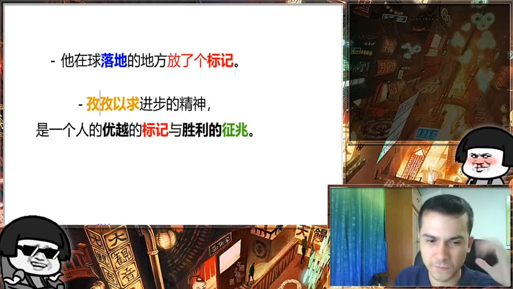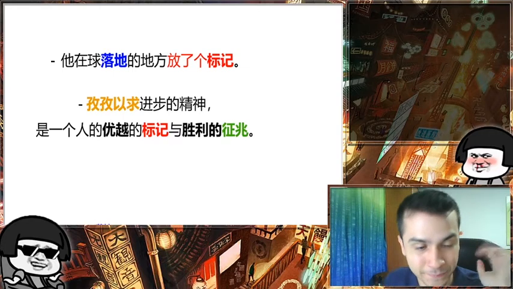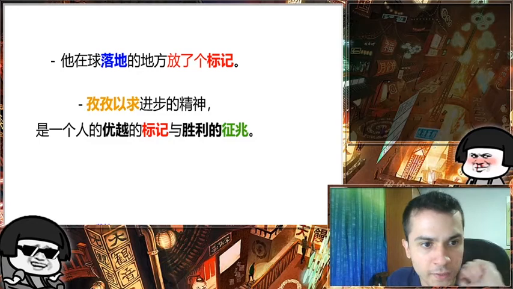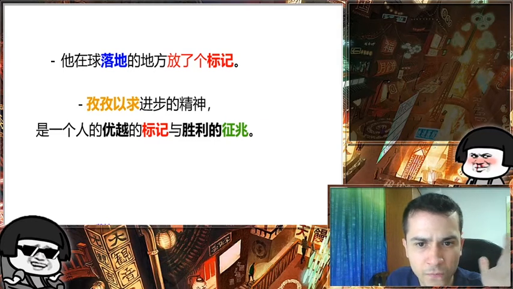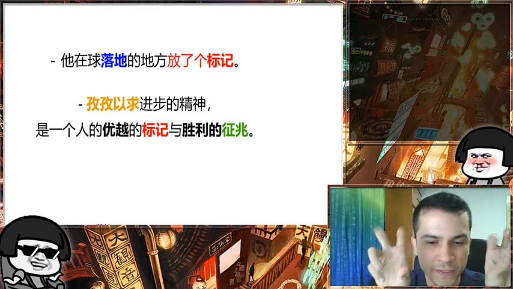Okay, so this is a pretty long sentence, but it's easy. Listen. So 是个人的优越的标记与胜利的征兆. Okay, so it's a sign of a person's superiority. It's not literal.